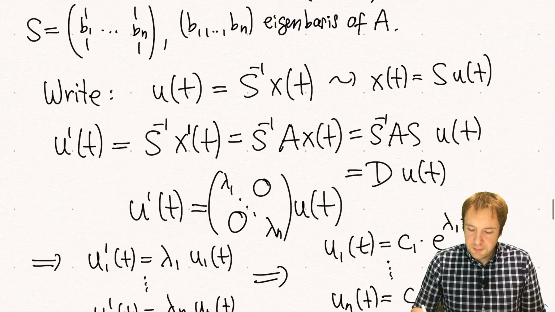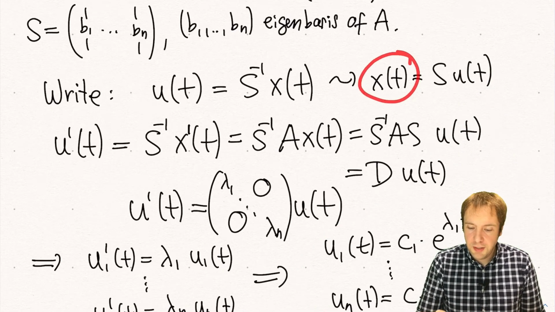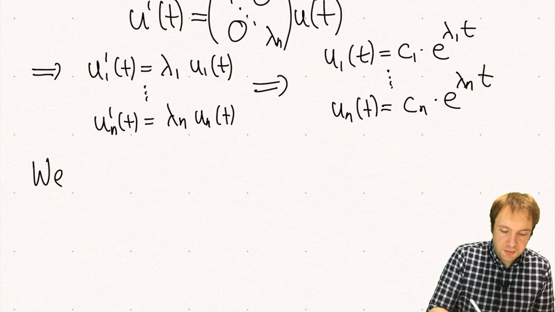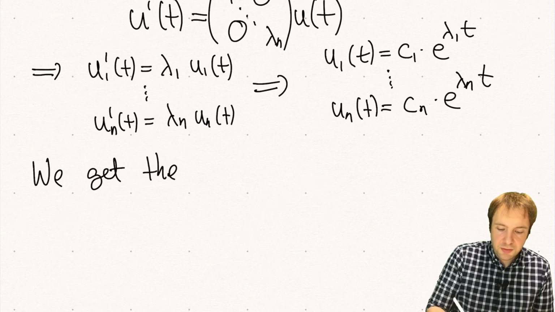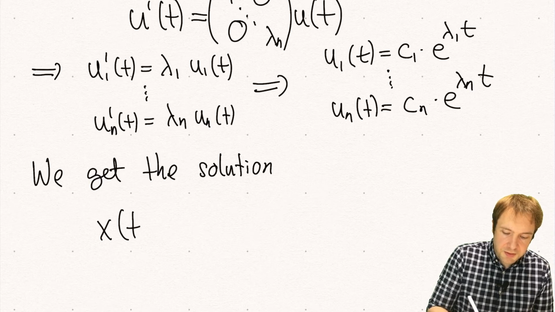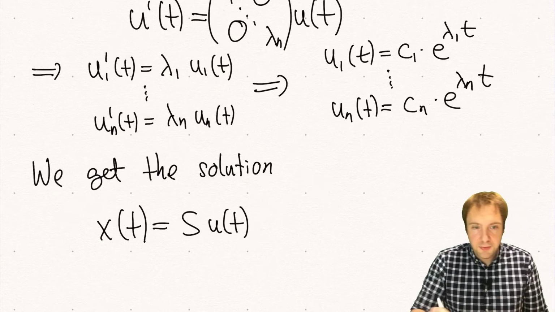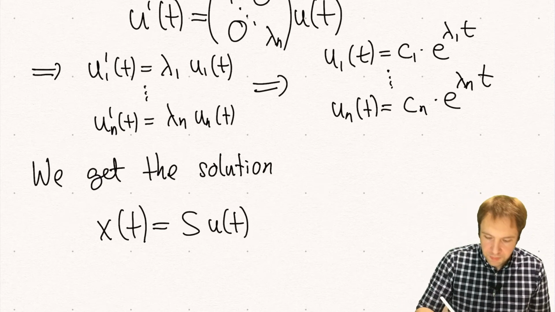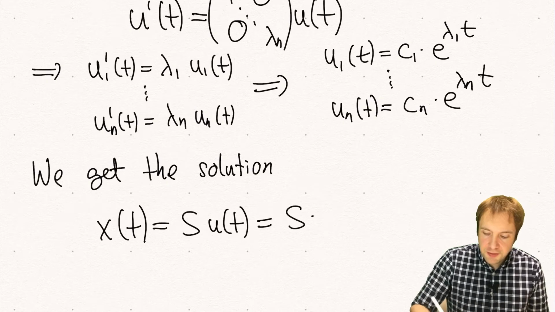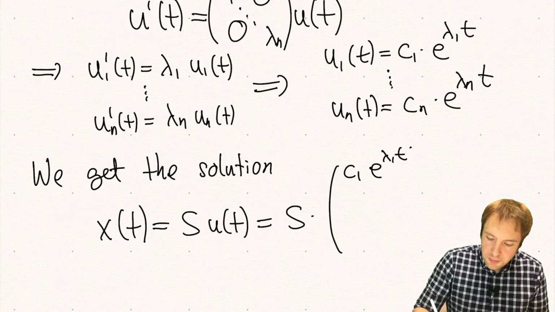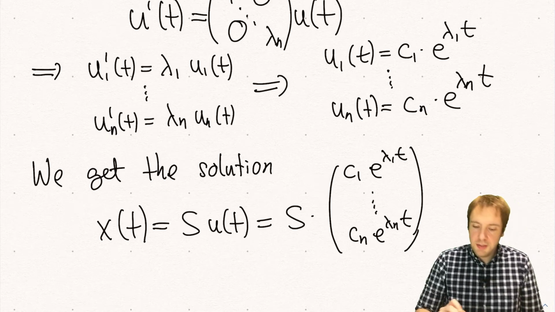Having u, we can go back to x by just multiplying with S. So for the solution x of t we need to multiply S with the vector C1 e to the lambda 1 t up to Cn e to the lambda n t.